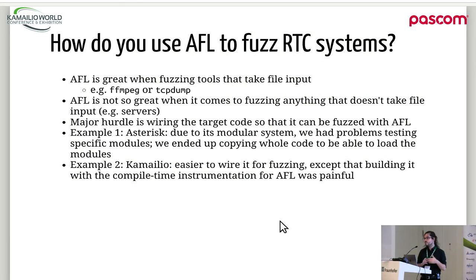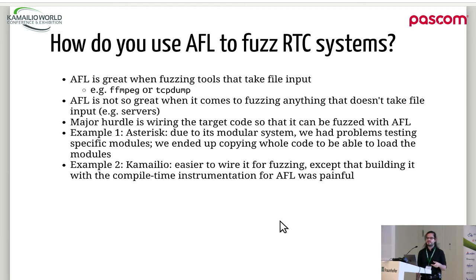So how do you use AFL to fuzz RTC systems? AFL is really great when it comes to fuzzing simpler tools, command line tools especially, where you give it a file, the application loads it up in memory and probably crashes eventually. But to do the same thing with servers is more difficult.